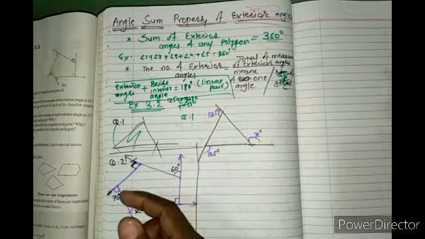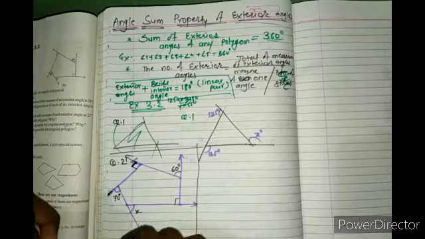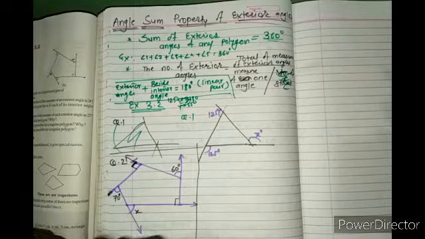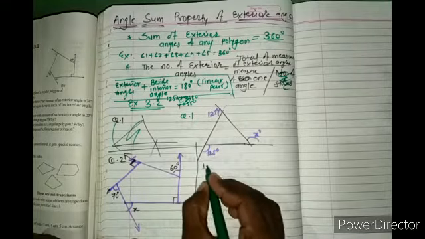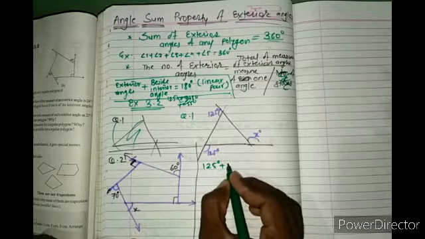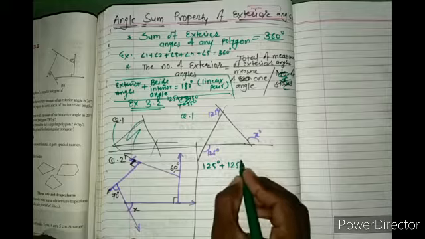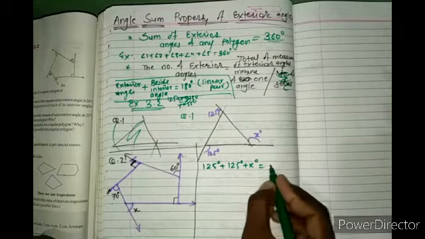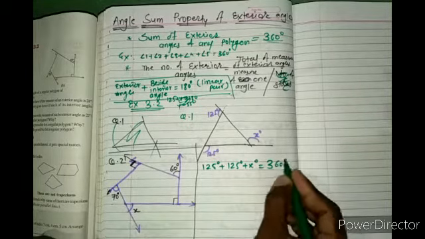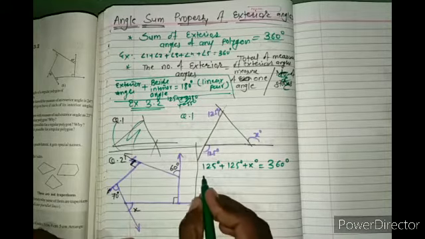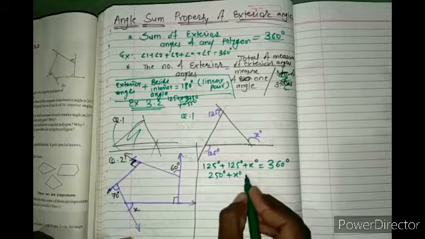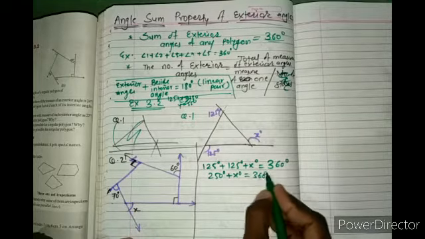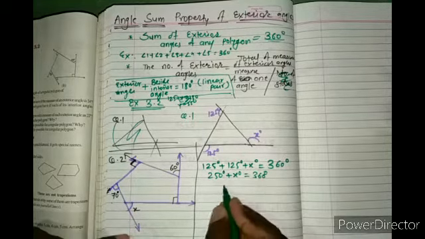So the sum of exterior angles is 360 degrees. So we write 360 on the right hand side, and on the left hand side we add this 125 degrees plus x degrees is equal to 360 degrees. Now 125 plus 125 is 250, plus x, equals 360 degrees. Are you getting? It is very simple addition.